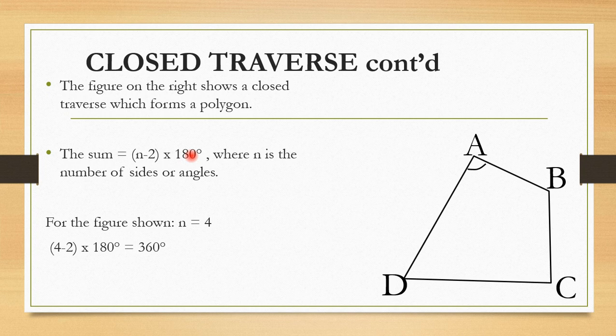If we assume the polygon ABCD is the land that we are surveying to determine the boundaries, and we add the internal angles so observed and they do not add up to 360 degrees, then we need to do the adjustments.